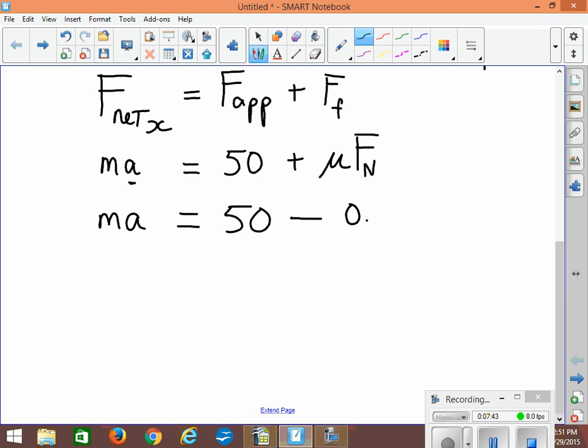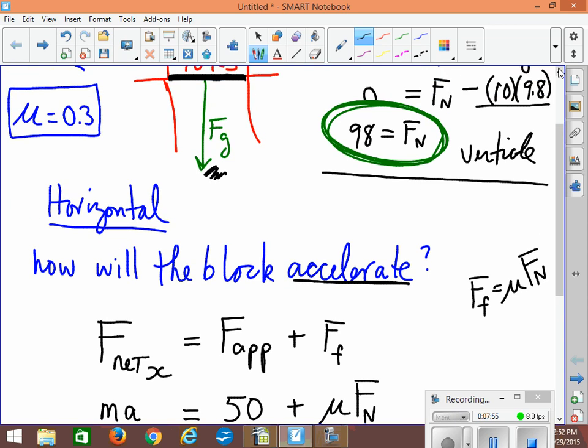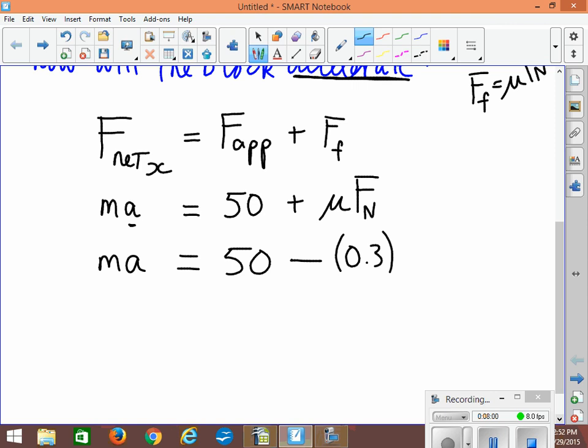So we said that the 0.3 was the coefficient of friction, the mu, the funny little Greek letter. So that goes in for that. That was given to us. And then we look up here and we saw that our normal force was 98 newtons. So we're going to use that for the normal force right here, 98 newtons. And the negative sign to show that the force was going to the left.